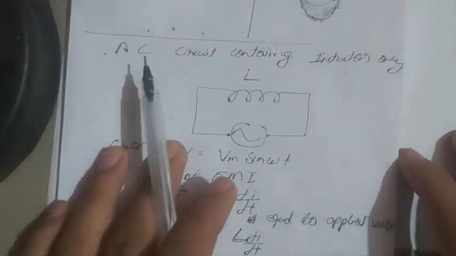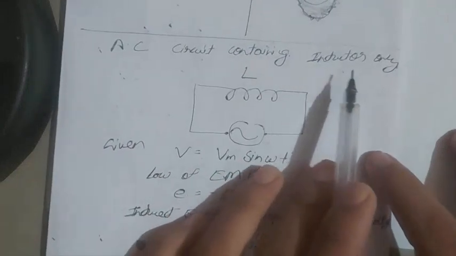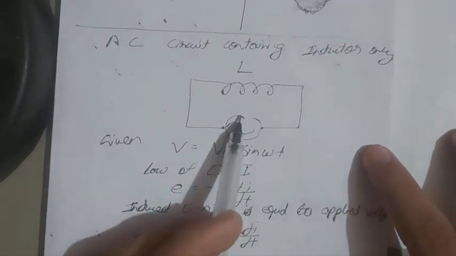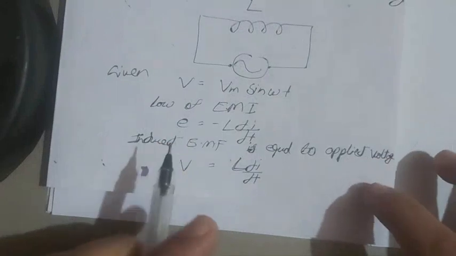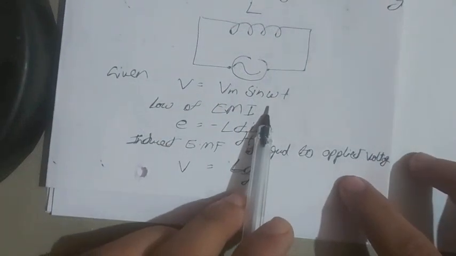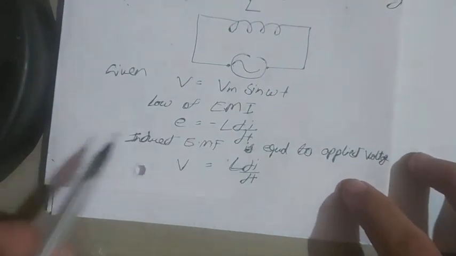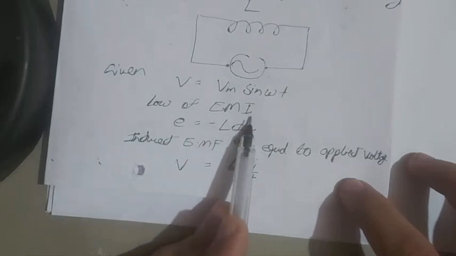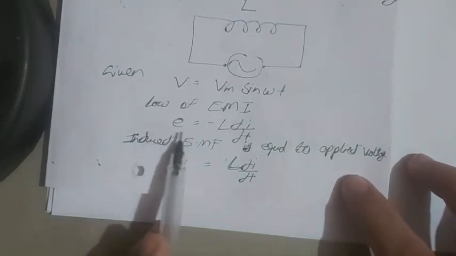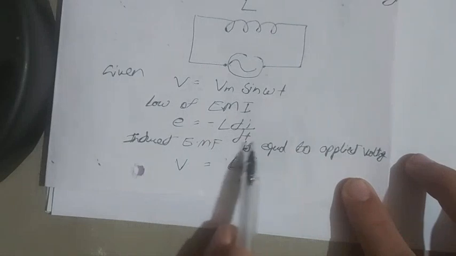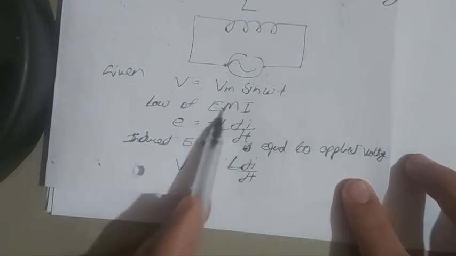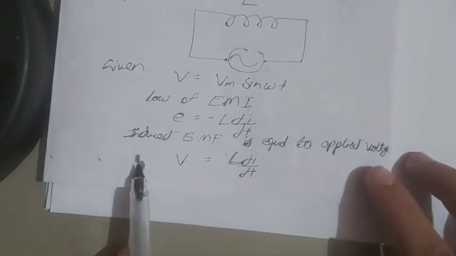After that, AC circuit containing inductor only. This is the rough diagram. Given again, V is equal to Vm sin omega t. According to the law of electromagnetic induction given by Michael Faraday, E is equal to minus L di by dt, where L is self-inductance.